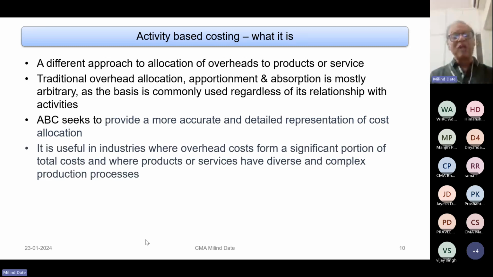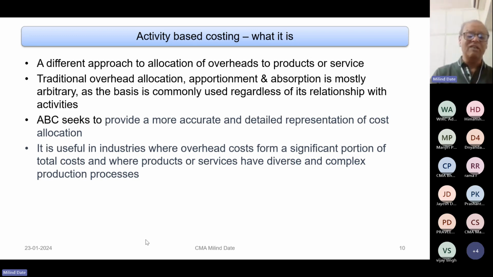It's pretty useful especially in the industries where overhead cost forms a greater proportion, and that is true in all modern industry. If you think in terms of the service industry, for example, overhead costs are almost 75, 80, sometimes even more than that percentage of the total cost.